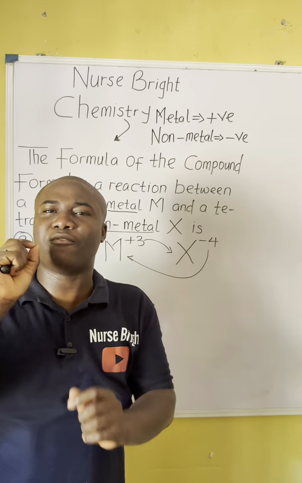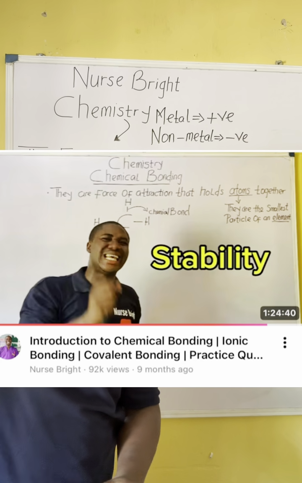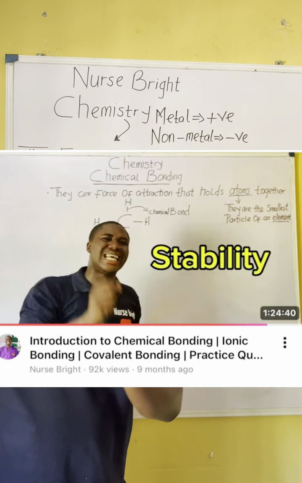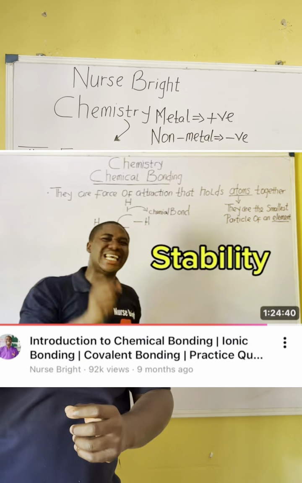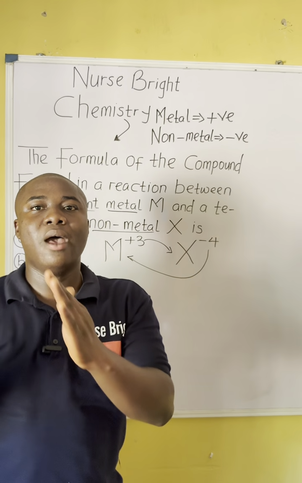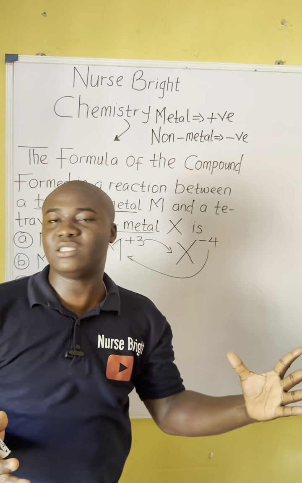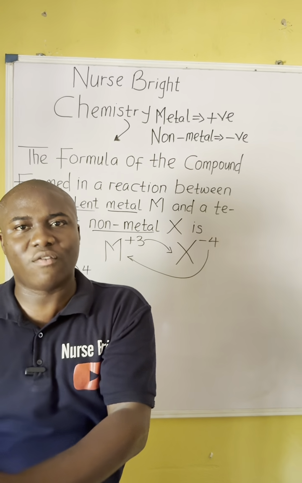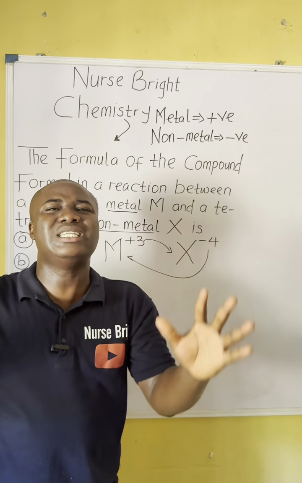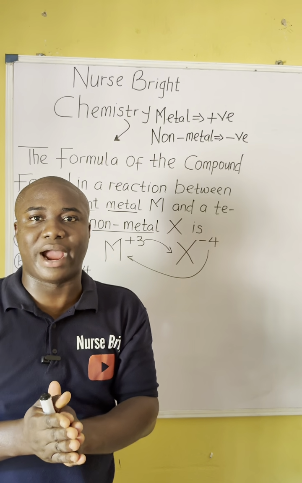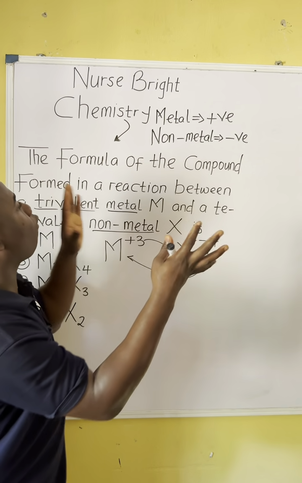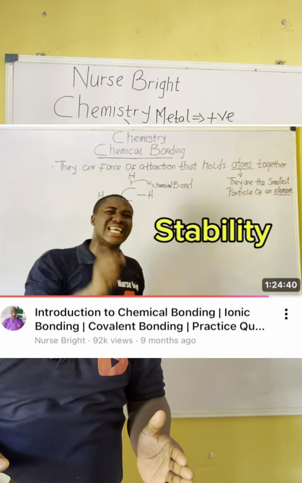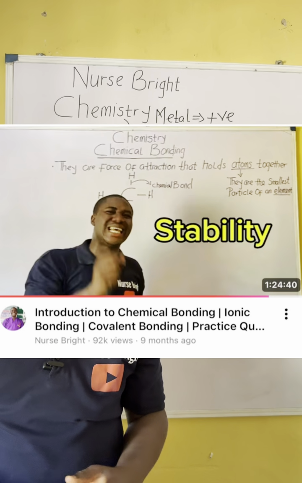I already have a full video lesson that explains everything you have to know on chemical bonding from scratch up to mastery, understanding all the kinds of bonds, be it electrovalent or ionic bonding, covalent bonding, coordinate covalent bonding, metallic bonding, all the kinds of bonds.